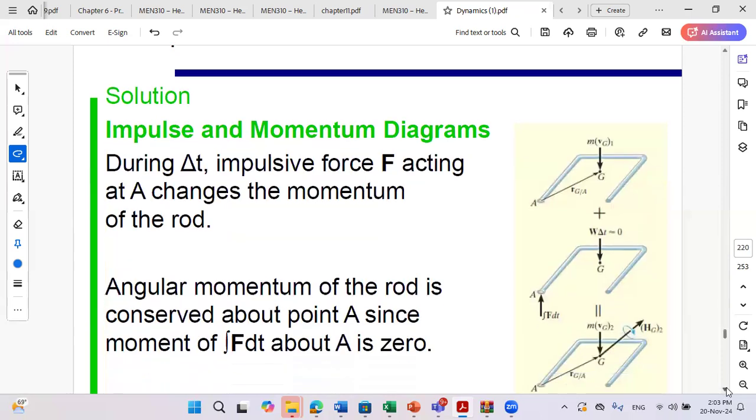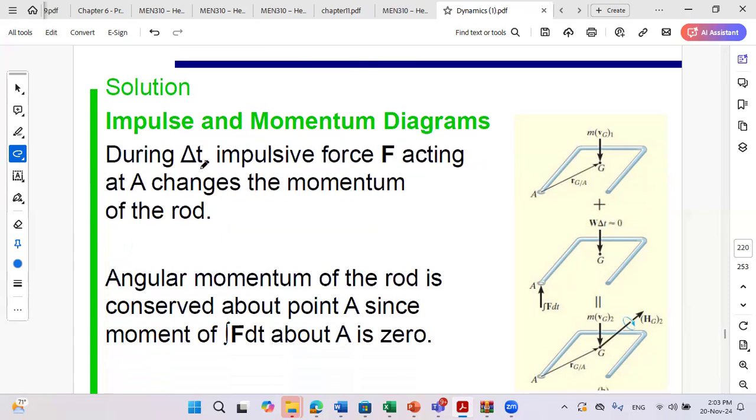Since the weight is a non-impulsive force, we can apply conservation of angular momentum about point A. During delta t, impulsive force F is acting at the hook at A, but since we are applying the angular momentum about an axis passing through A, the impulsive force passes through A, so when you take the moment about A, this moment will be equal to 0.